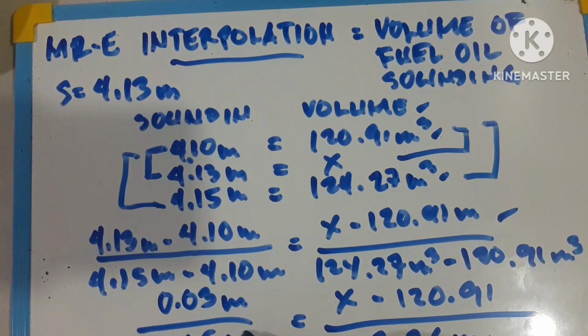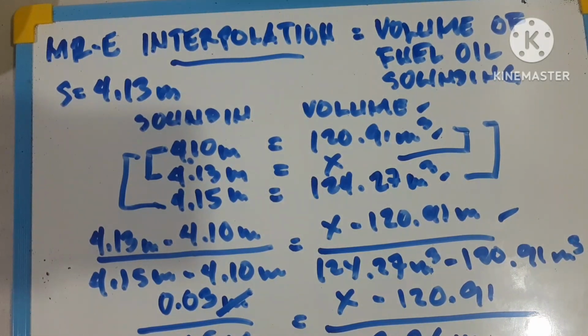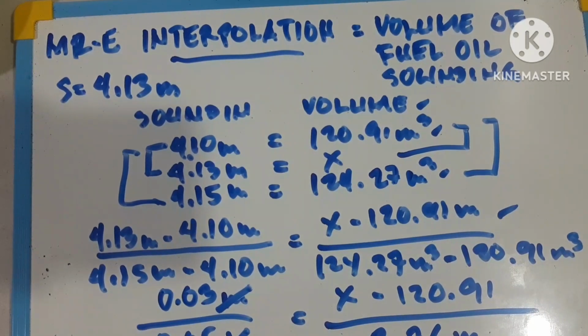So we have to cancel this and cancel this. We are not going to divide yet, so that we can cross multiply later, and it becomes more transparent how we come to the result.